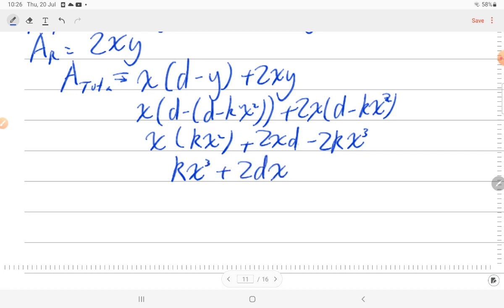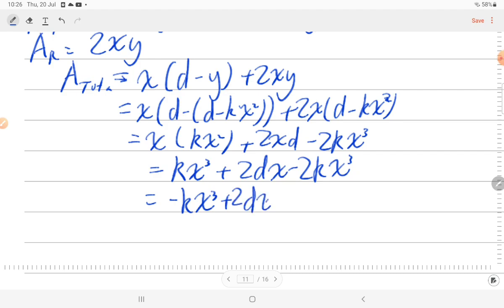It's just better to have the x outside, it just looks quite a bit more aesthetically pleasing. This is equal to negative kx cubed plus 2dx.